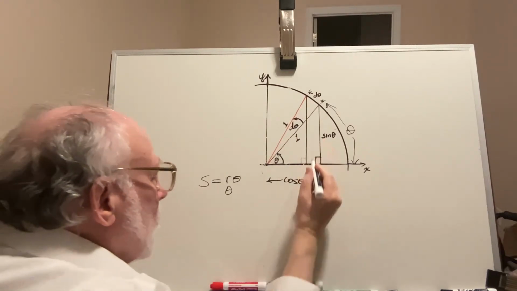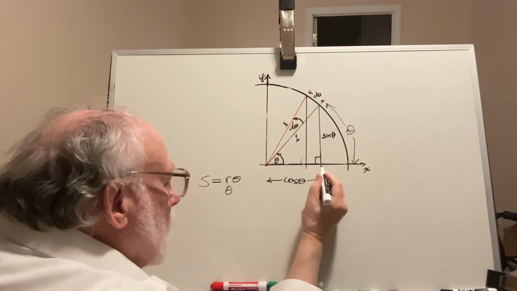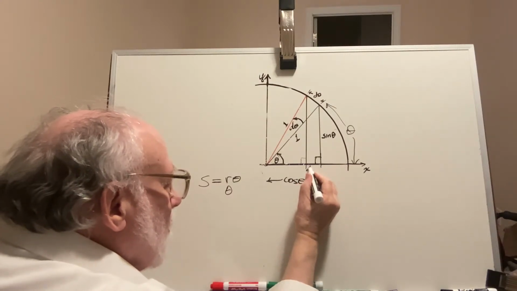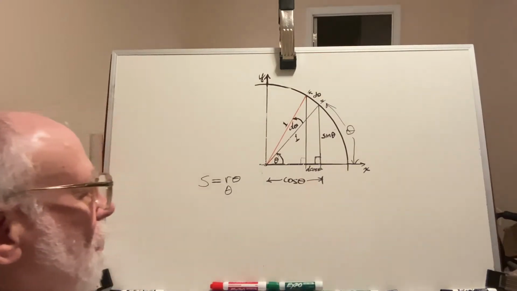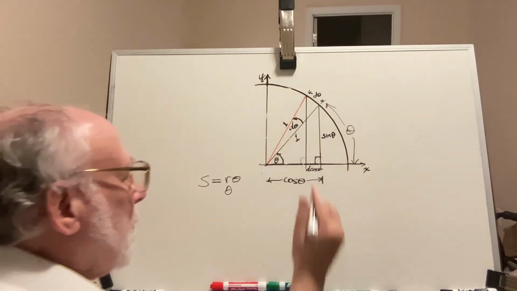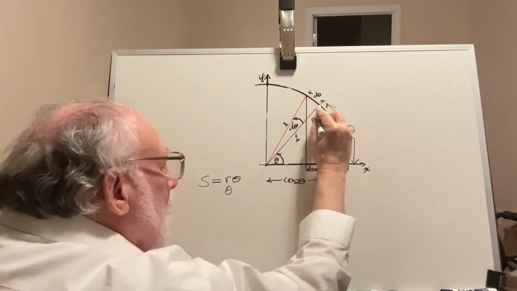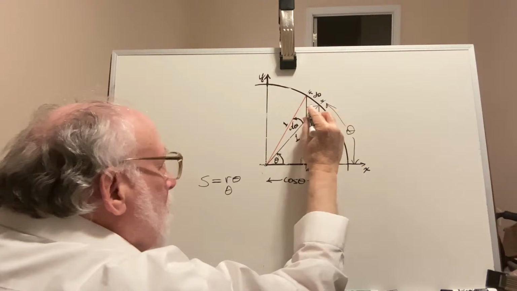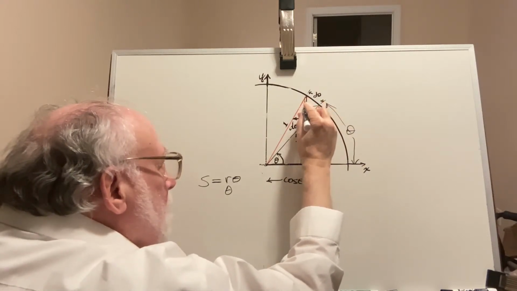Now, over here is the change in the cosine. So that's d cosine theta. Now, let's look at what happened to the sine. The sine increased by this much.